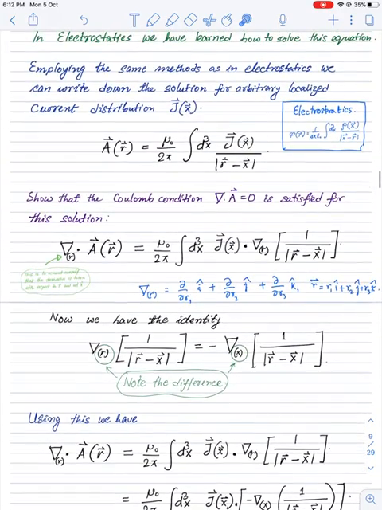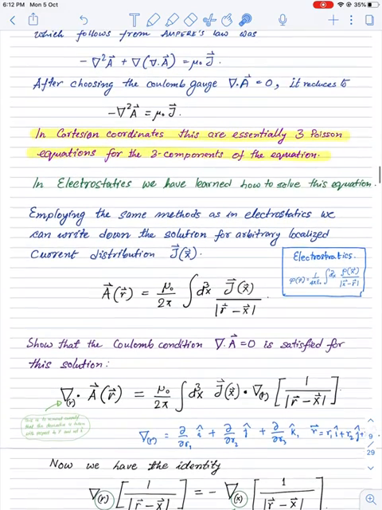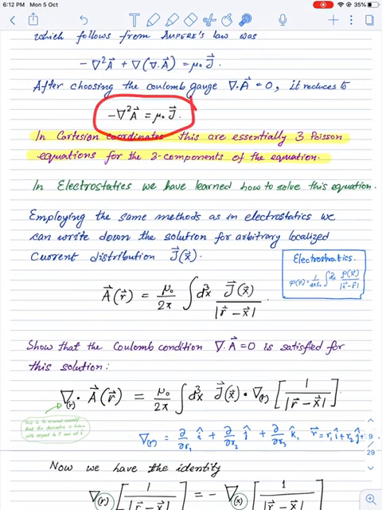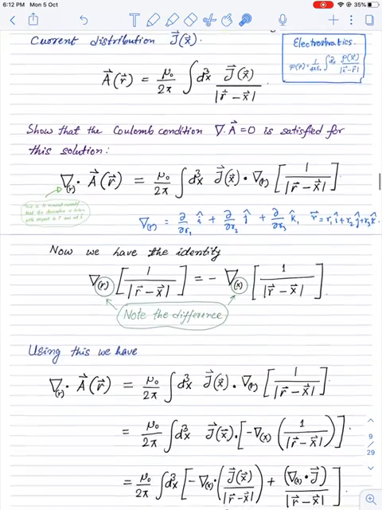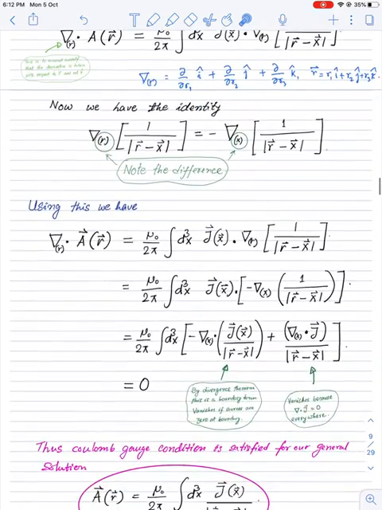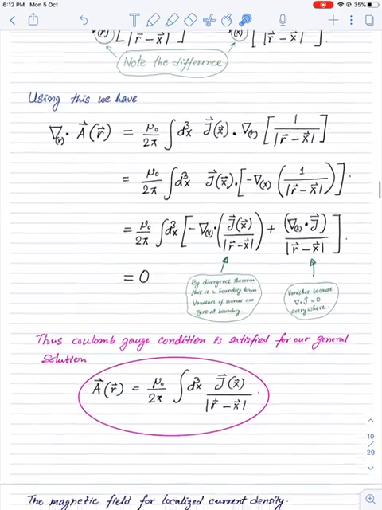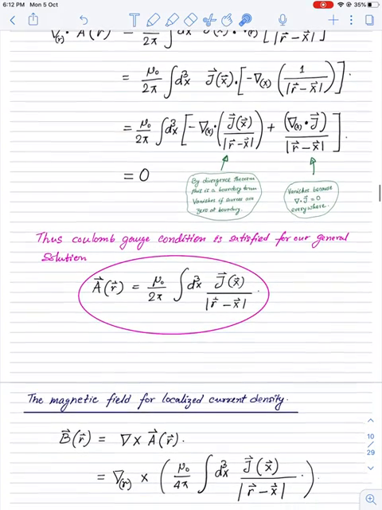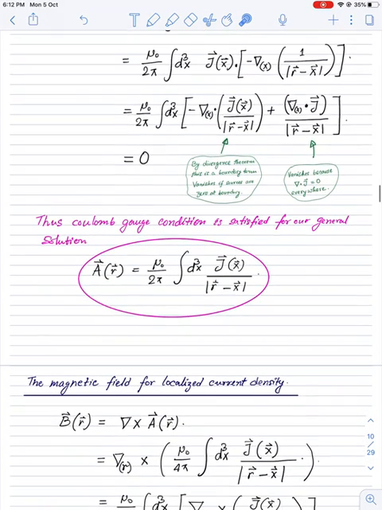So this solution that we have written down, the solution of the three set of Poisson equations treated in Cartesian coordinates, not only satisfies the vector Poisson equations, but it also satisfies the Coulomb gauge condition. Automatically. We don't need to do anything more to satisfy the Coulomb gauge condition, right?